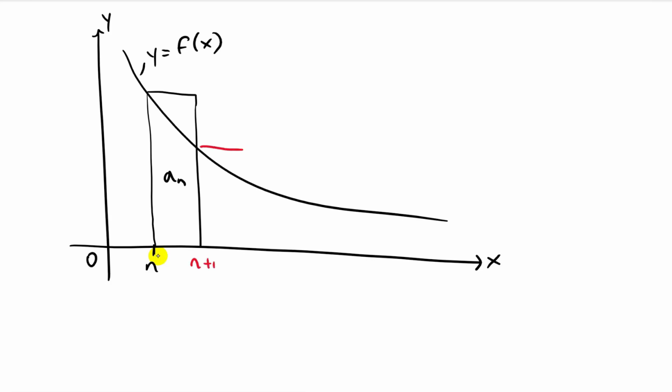So we're going to go all the way across like that, and this one's going to be our a n plus 1, and then likewise we're going to have a n plus 2 there, and it goes like that, and this is our a n plus 2. And this keeps going on and on, like that. And then let's do one more. Dot, dot, dot, keeps going on.